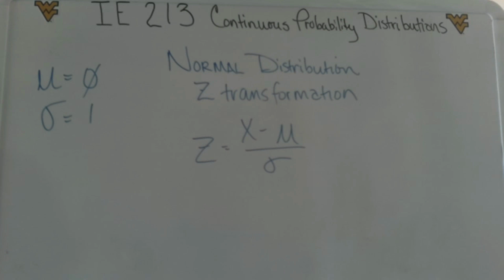So the distribution of a normal random variable with mean 0 and variance 1 is called a standard normal distribution.